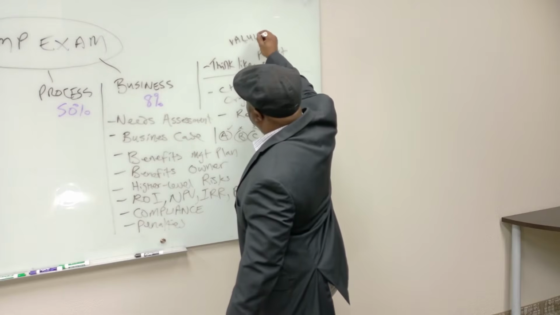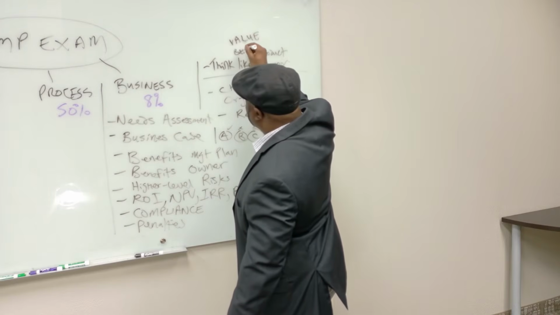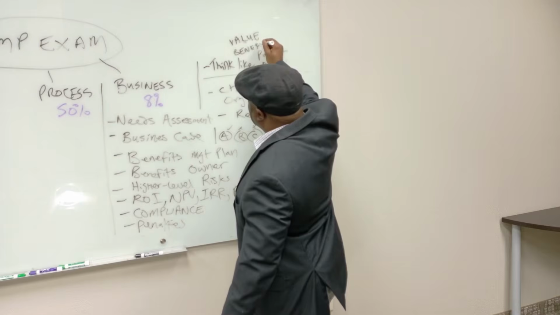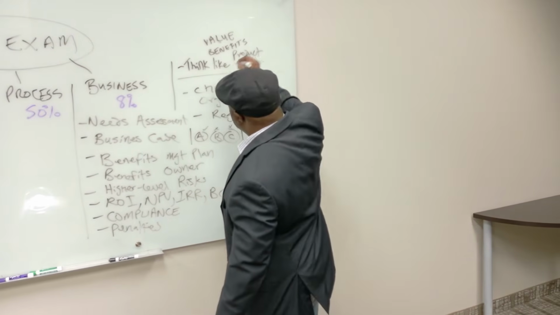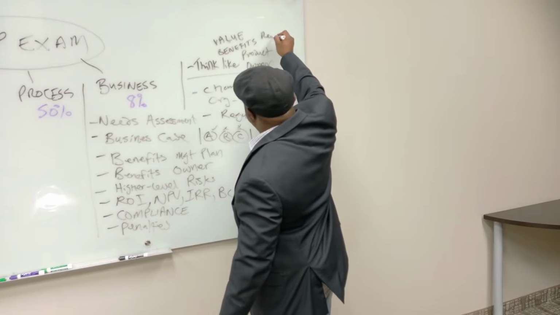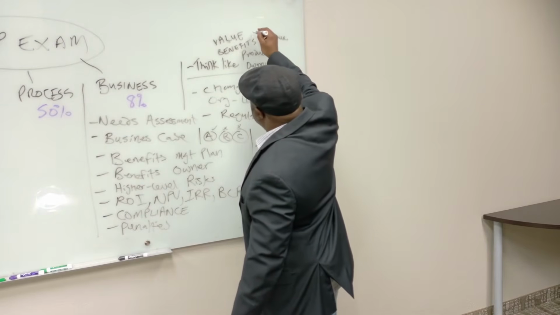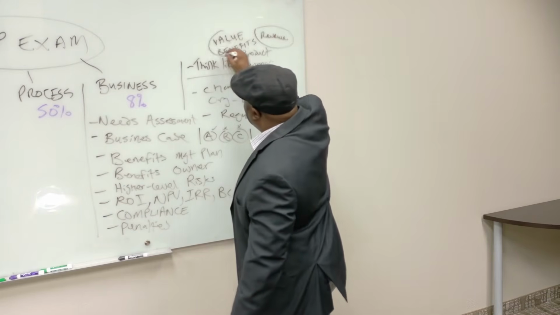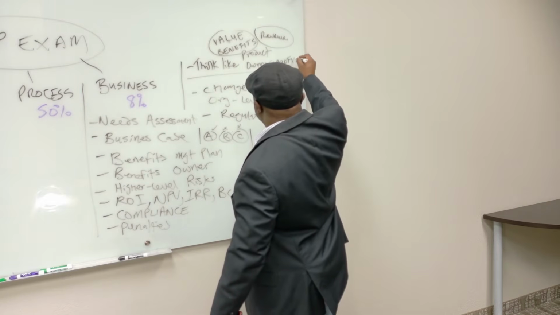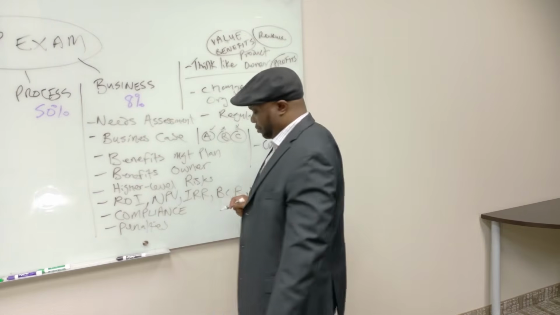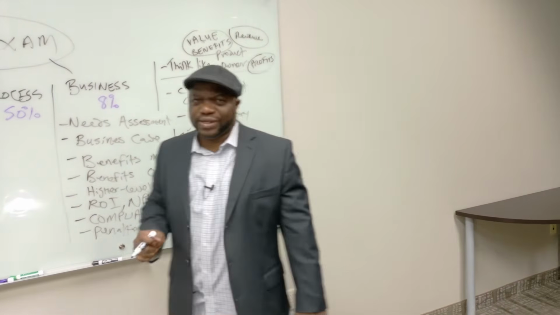Product owner is thinking of value and benefits, right? They're thinking of revenue. It's another good word, revenue, you know, value and benefits. And you can also think about profits, right? Very important. Value, benefits, profits.